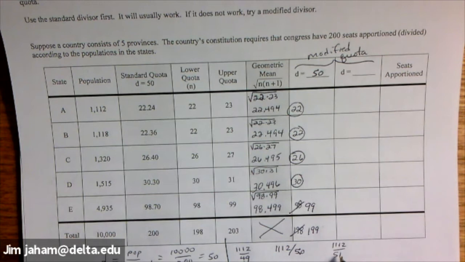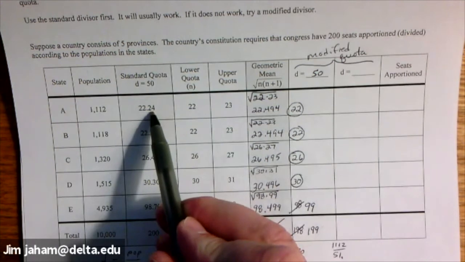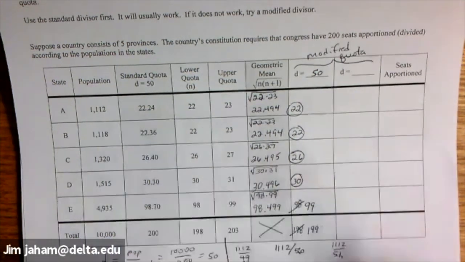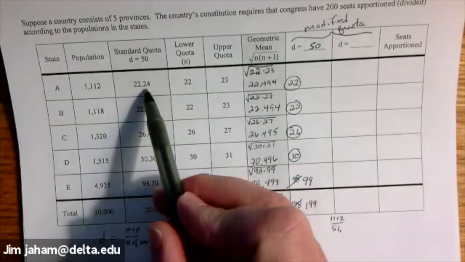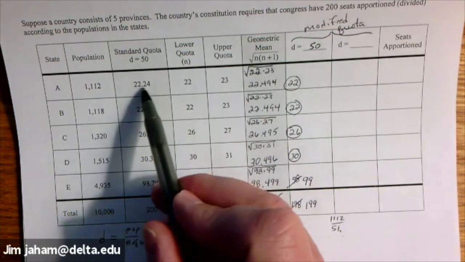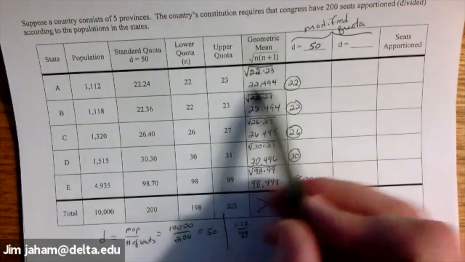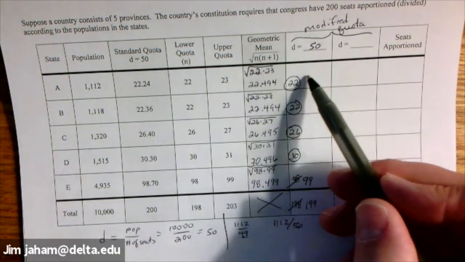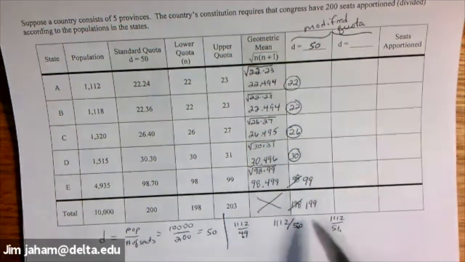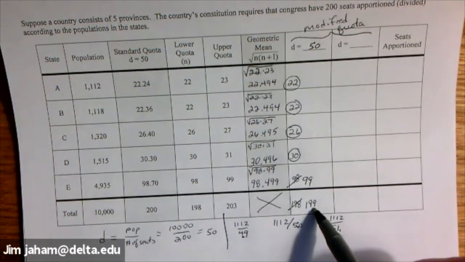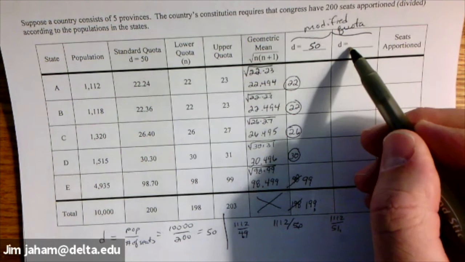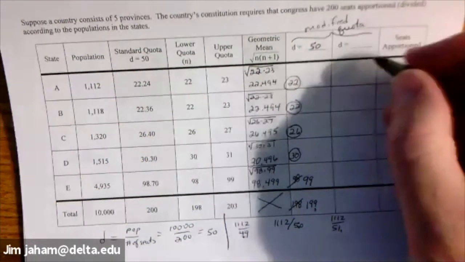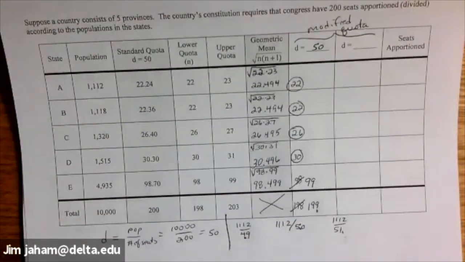But if we divide by a larger number, then it's going to make these numbers smaller. If we divide by a smaller number, like 49, it's going to make these numbers larger. And if these numbers are larger, then they have a chance to get larger than this geometric mean, which would make this one bump up. So if you're short, as we are here, 199 compared to the 200, you want to choose a smaller modified divisor.